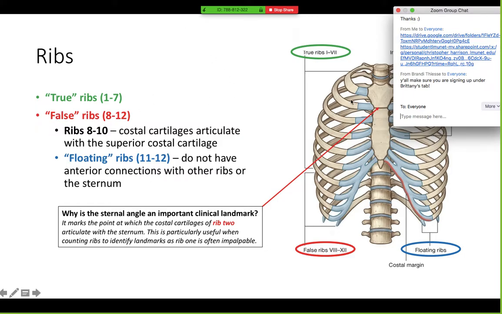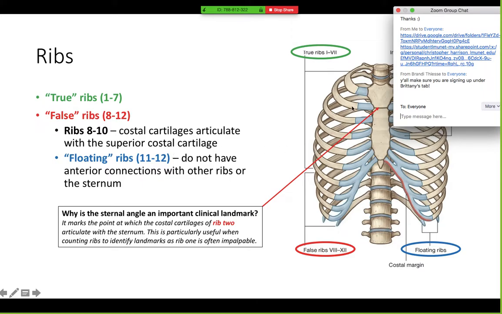All right, so ribs 1 through 7 are true ribs. Ribs 8 through 12 are false ribs. We can further divide all our false ribs into ribs 8 through 10 and floating ribs 11 through 12. Ribs 8 through 10 are special because their costal cartilages articulate with the superior costal cartilage.